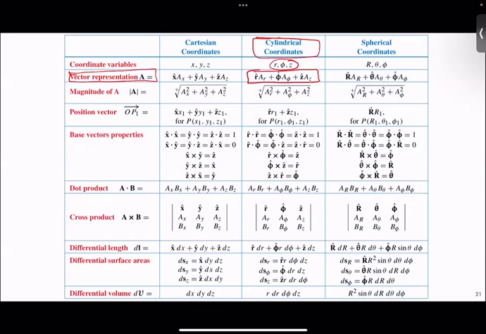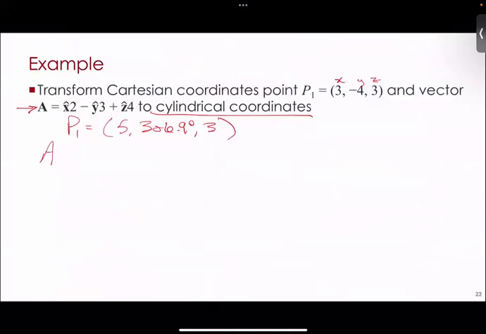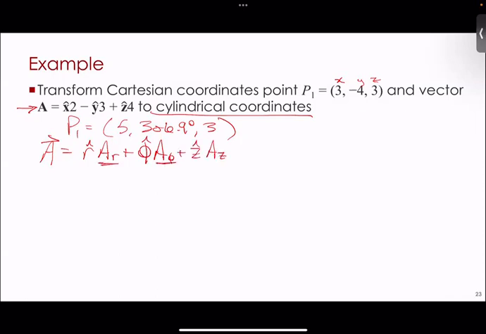So at the end of the day, we should have A equals, and then we'll have R hat and some AR component, phi hat and some A phi component, and Z hat and some A Z component. So our job is to really find AR, A phi, A Z. So if we were to take this A and we wanted to break it down into AX, AY, and AZ, what would AX be? 2.